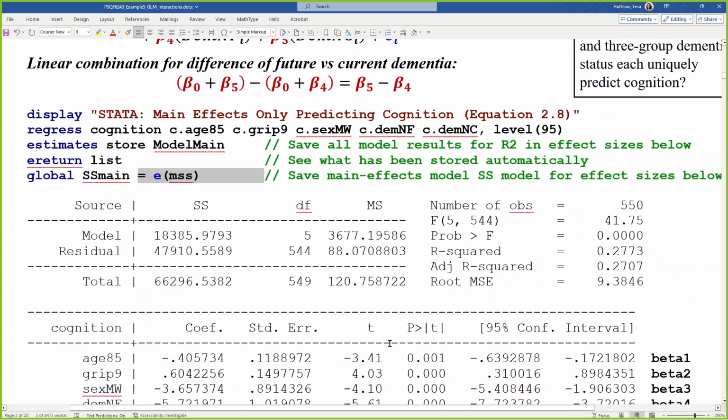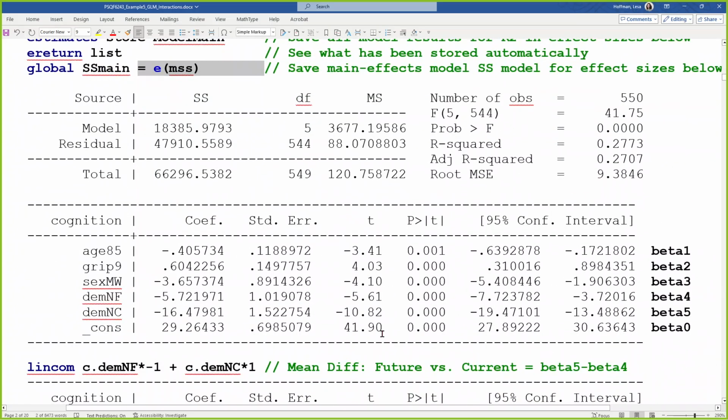And no bolding of the results here because I'm taking the training wheels off. So things that I would pay attention to. Where's my residual variance? .07.